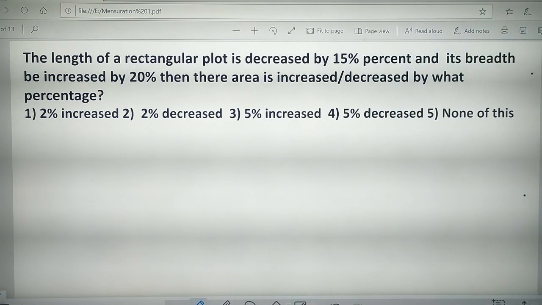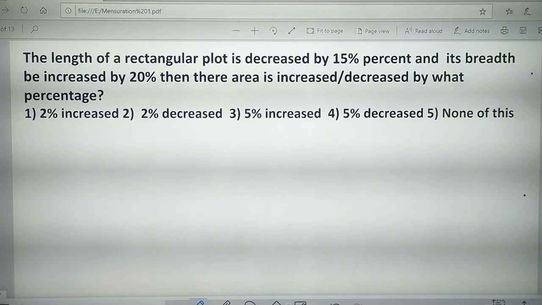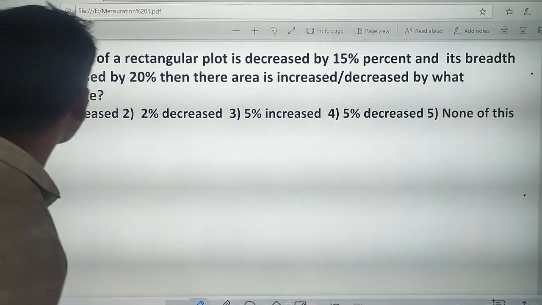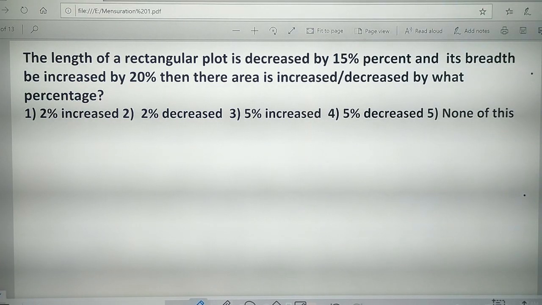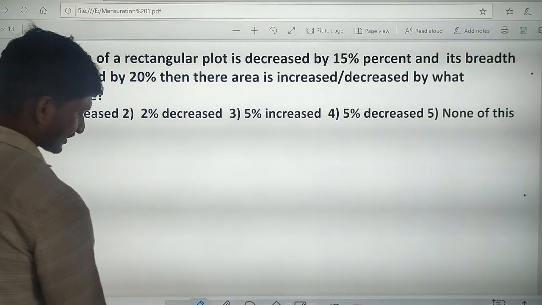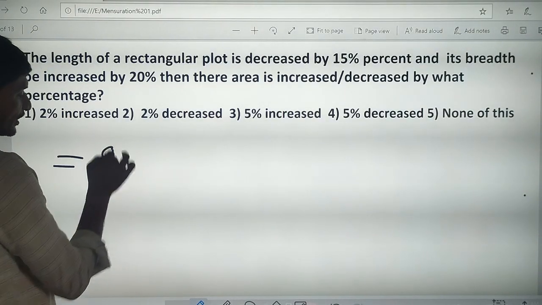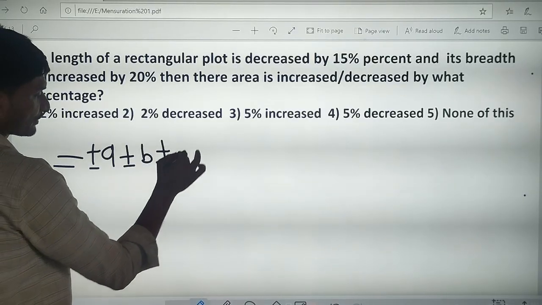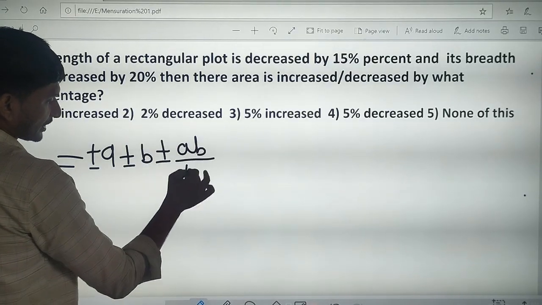the length of a rectangular plot is decreased by 15% and its breadth is increased by 20%. Then their area is increased or decreased by what percent? We calculate by the formula plus minus a plus minus b plus minus ab divided by 100.